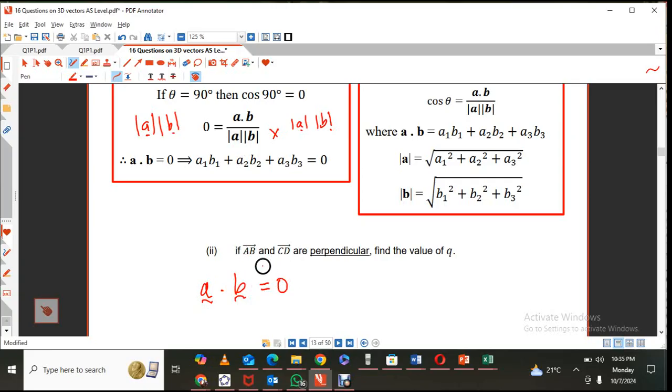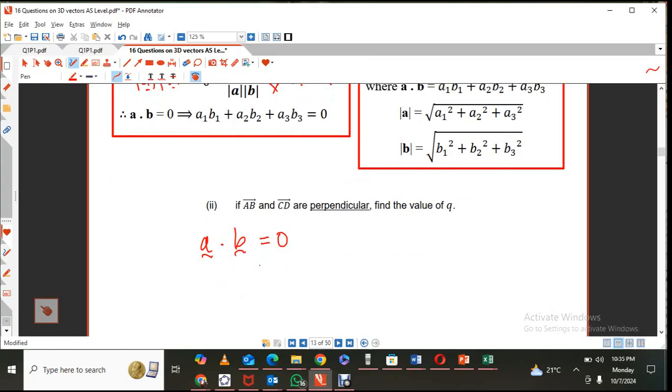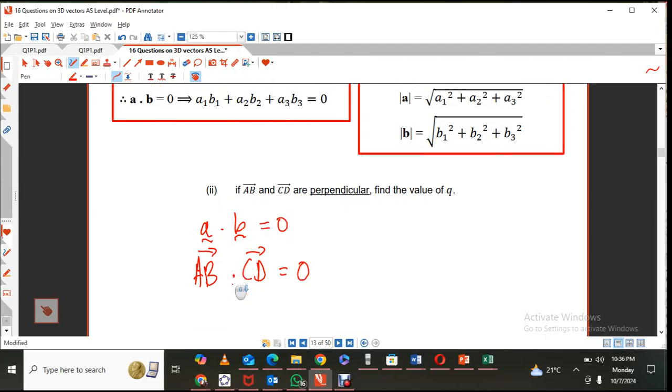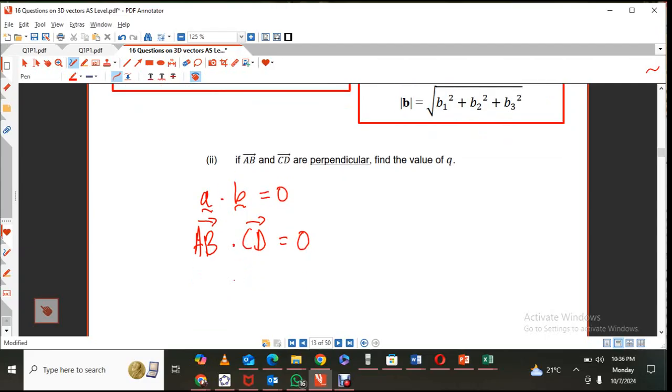So in this particular instance, to find the value of Q, we should have that vector AB dotted with vector CD should give us 0. Then we can actually find the value of Q.